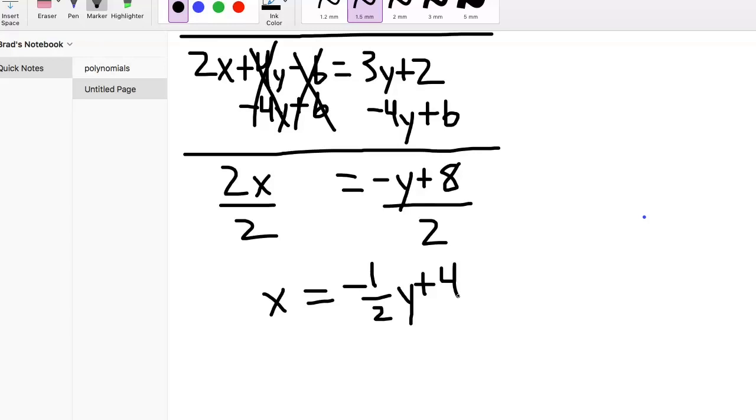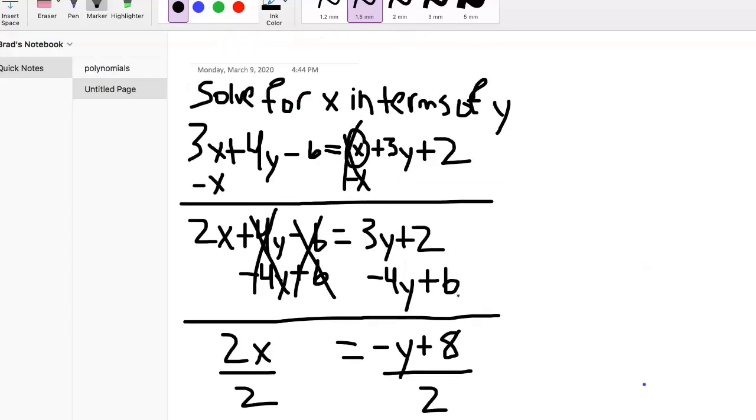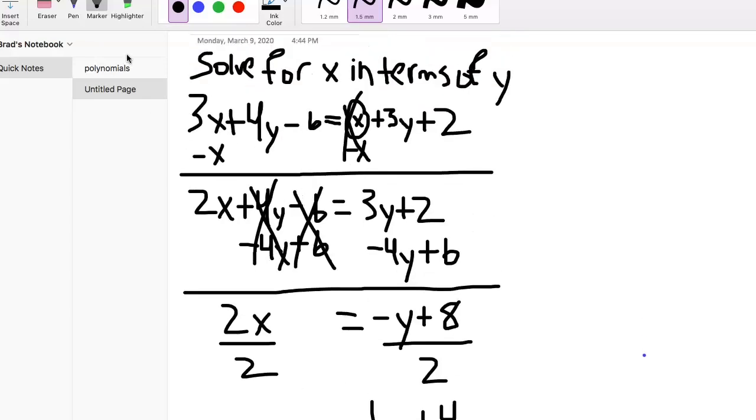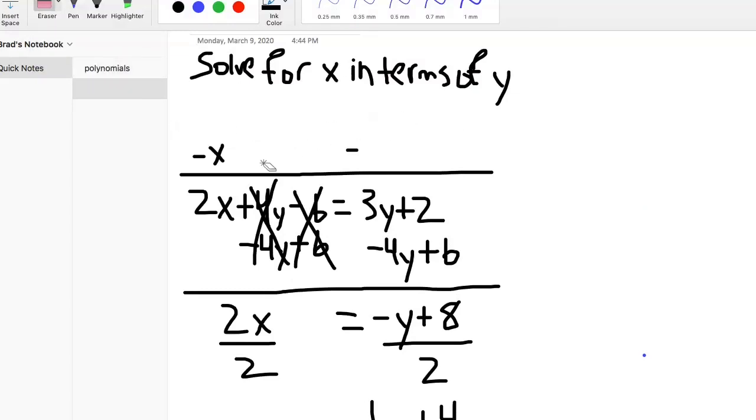Plus 4. And that's our answer. x equals negative 1/2 y plus 4, right? And so remember, solve for x in terms of y. Just think of it, solve for x, right? So you get x by itself, y, and the other number goes away over there to the right side. Okay. Wasn't that fun? It's so much fun.